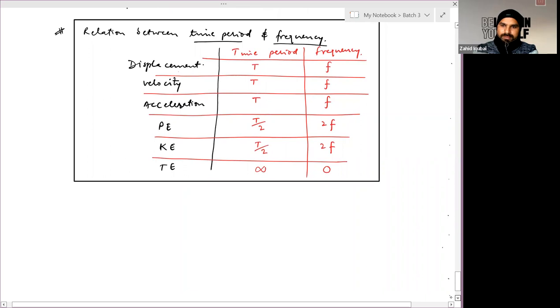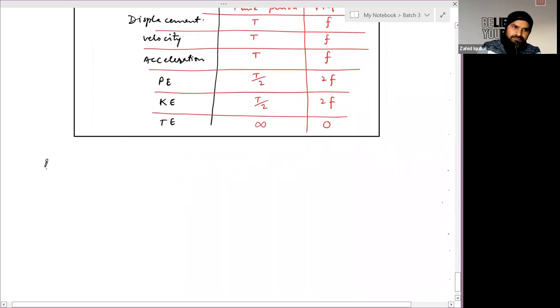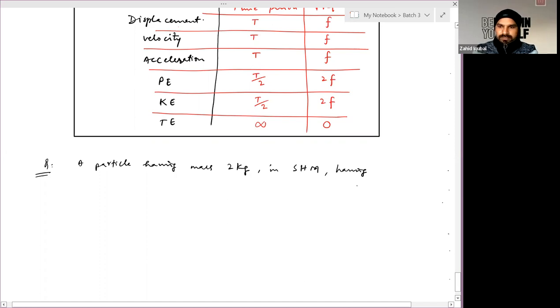Now, there will be questions related to this part. A particle having mass 2 kg in SHM has displacement y equals 0.02 sine 10 pi t.